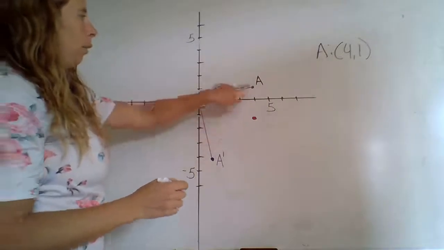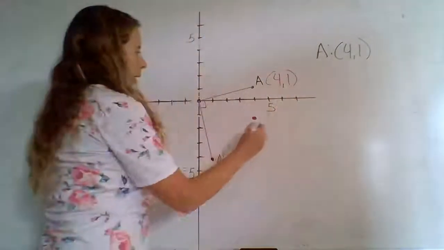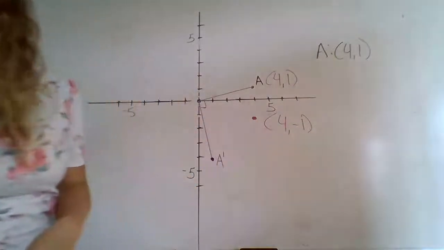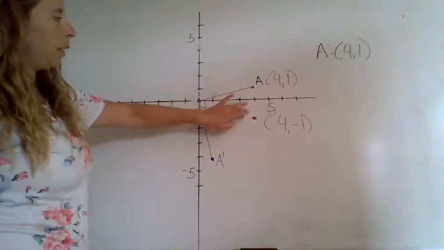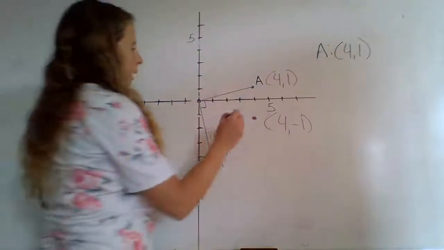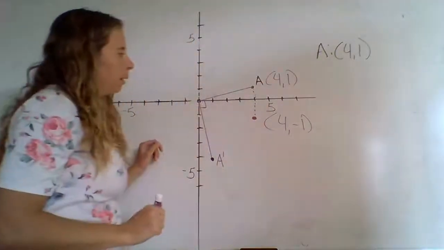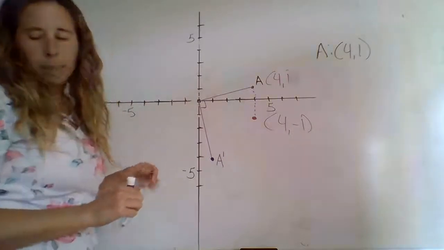This is 4, 1, and this now becomes 4, negative 1. These are reflected over the x-axis. They're both the same distance. This is 1 away, and this is 1 away. Okay, we just reflected them. Okay, that's that one.